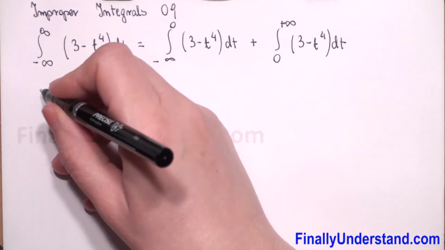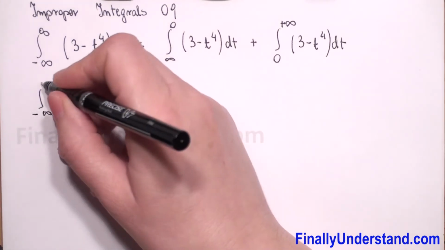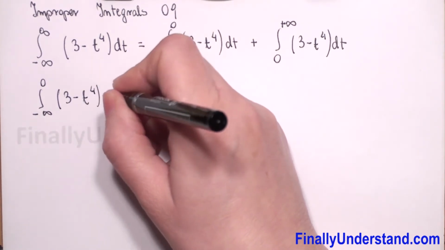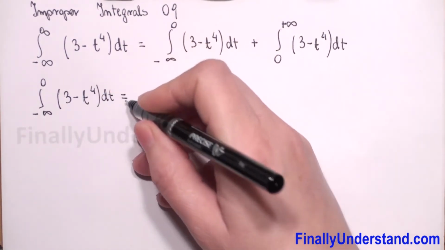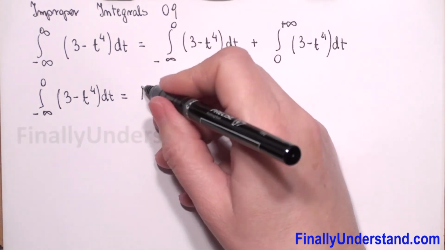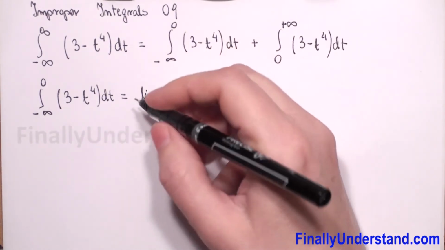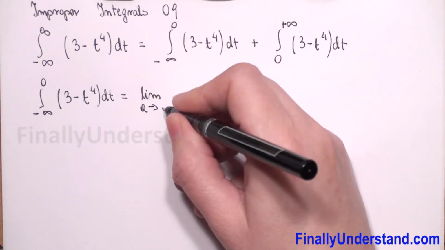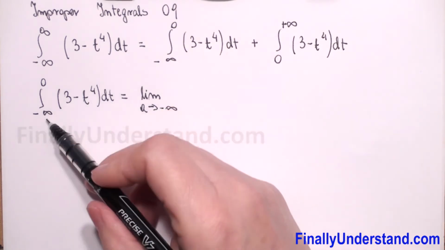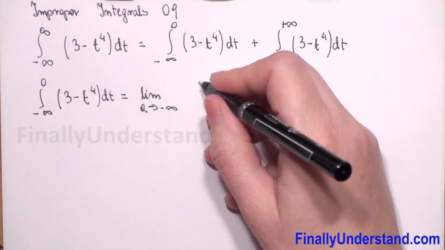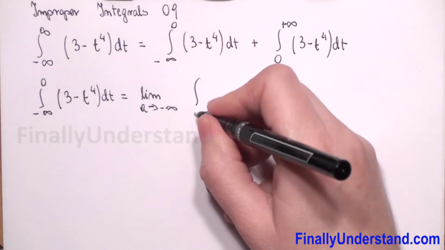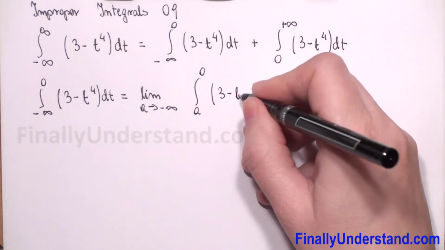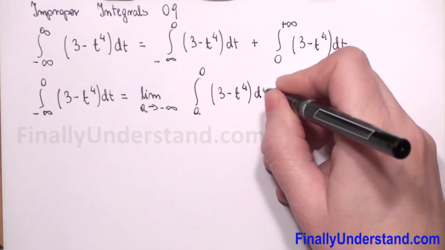Let me rewrite our first integral. We have (3 minus t) to the 4th power dt, and we will convert this to a limit because we have infinity in the lower limit, so I will put a variable a going to negative infinity, and now we have the definite integral from a to 0 of (3 minus t) to the 4th power dt.